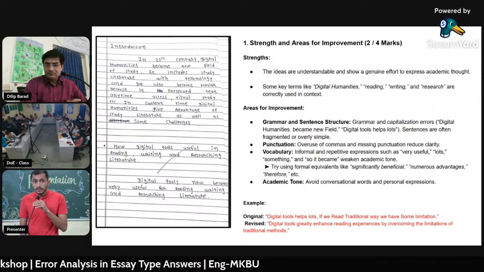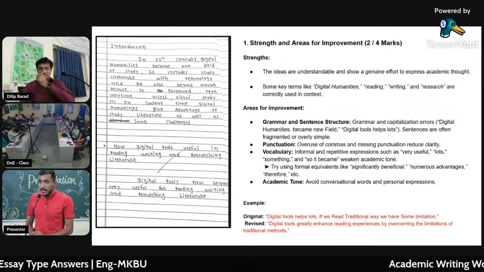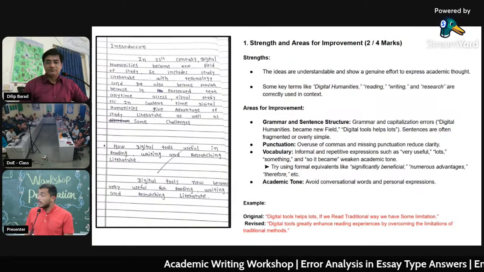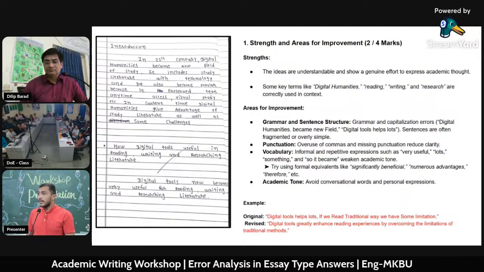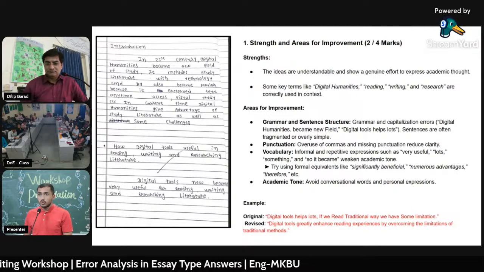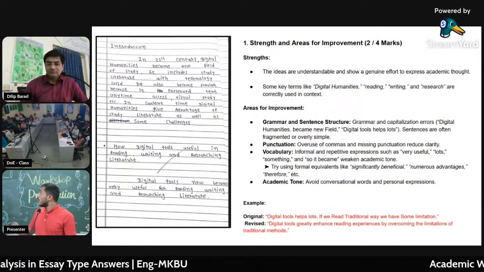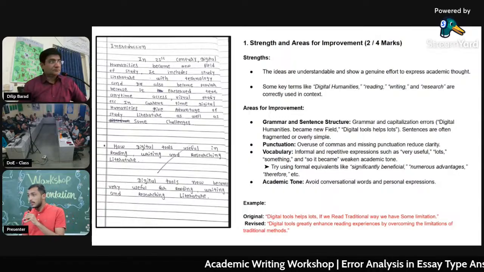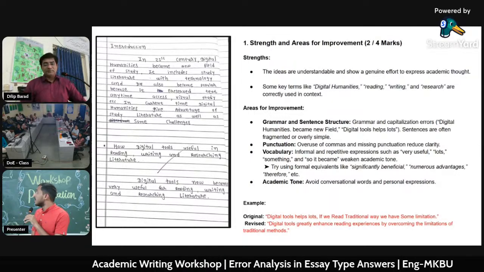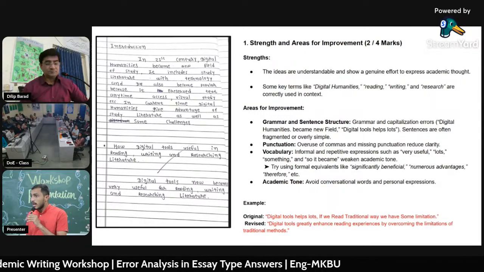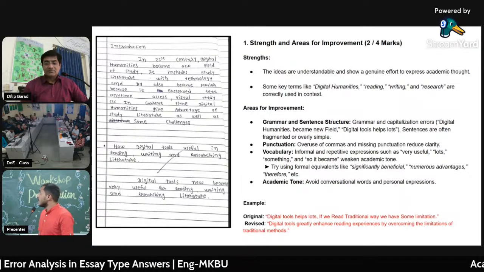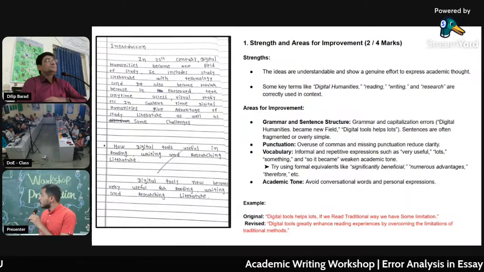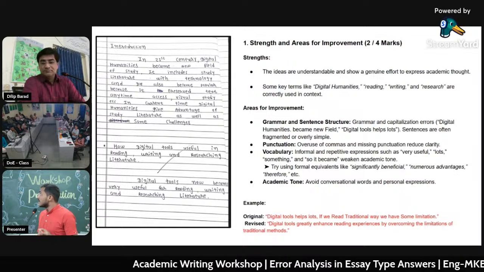Hello everyone. Through this BAWE corpus activity, I learned how to write an effective answer for a university exam. Through this activity, we gave our answer to AI with the BAWE corpus rubric, and AI gave an evaluation of our answer: the strengths and areas for improvement. This answer was about the digital humanities. In the strengths, AI suggests that there is good use of digital humanities, reading, writing, and research in digital humanities.